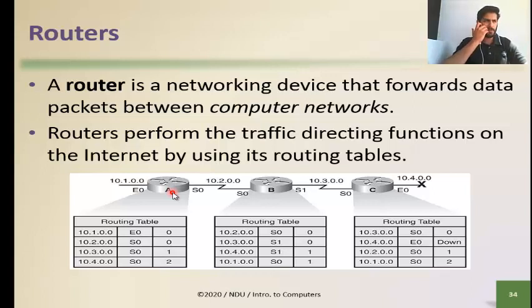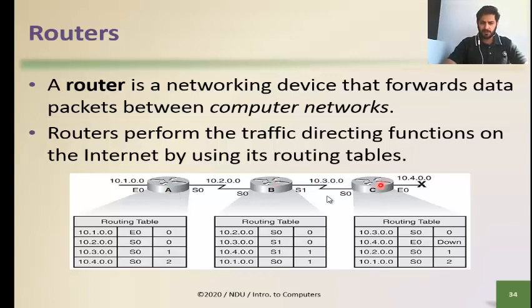For example, if I want to communicate with the NTU network, my Internet Service Provider's router is intelligent enough. It knows where NTU is located, what the geographical location of NTU is, and which router is communicating with NTU. So it directs traffic towards a particular router. That is the reason it's called an intelligent device.